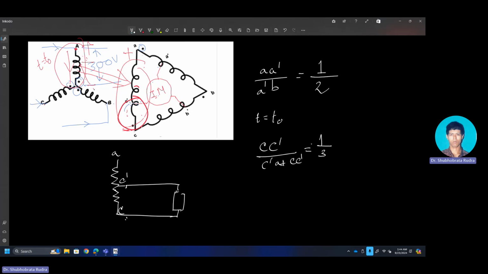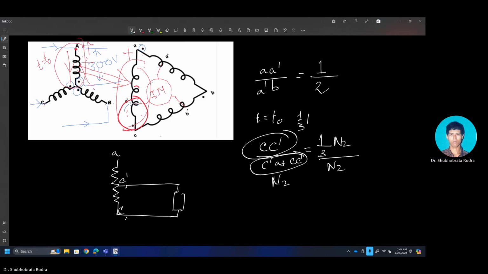So basically, this gives you what? This, if you see, is basically the numerator part becomes 1 by 3 N2, and the denominator part is N2. So this side you have the A to C, this gives you N2, this gives you 1 by 3 N2.